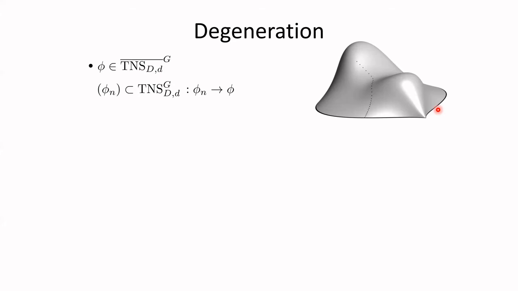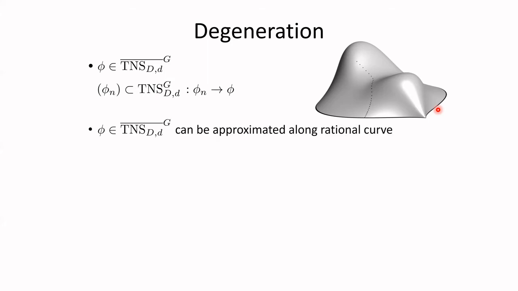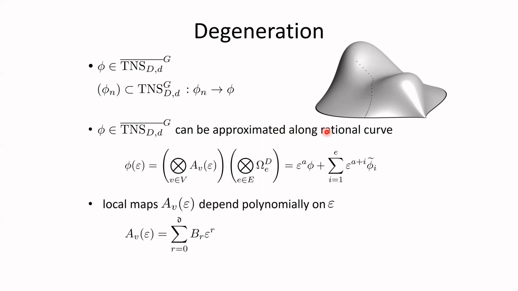Now, it turns out, if we look at the algebraic geometry of these sets, then we can choose this approximating path from, let's say, here to the boundary, always along a rational curve, if phi is in the closure of the set TNS. And this means that we can realize the state in the boundary with the help of local linear maps, but with a twist, because now these local linear maps depend on a parameter epsilon polynomially.